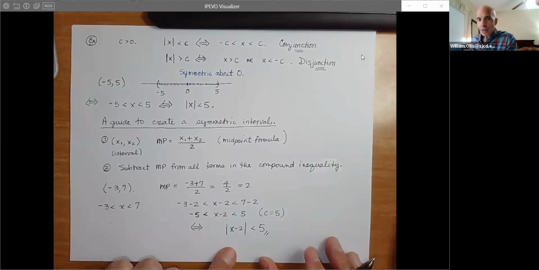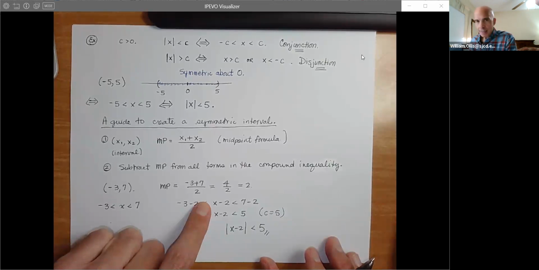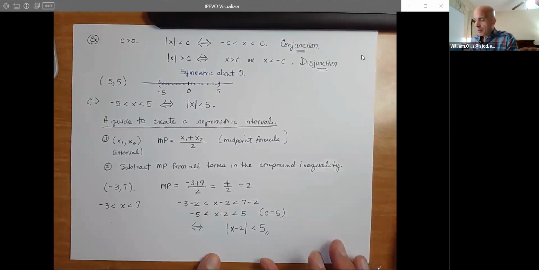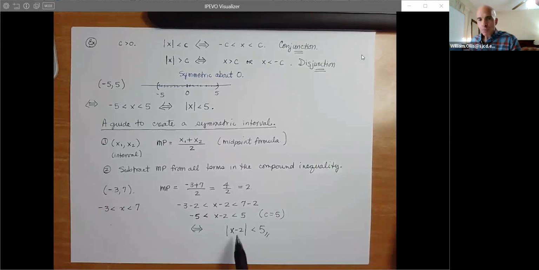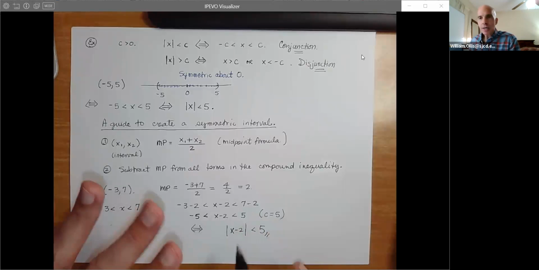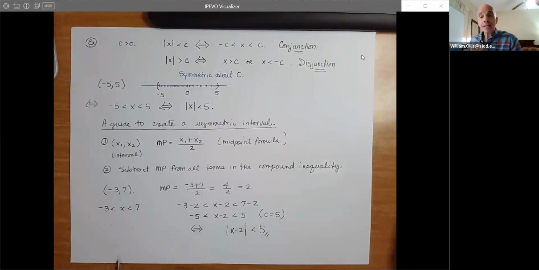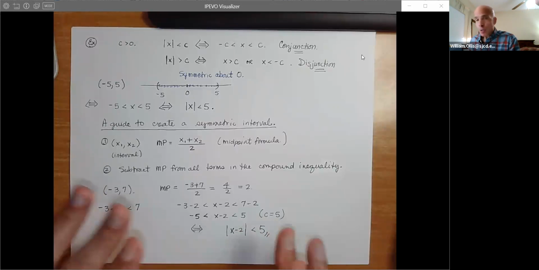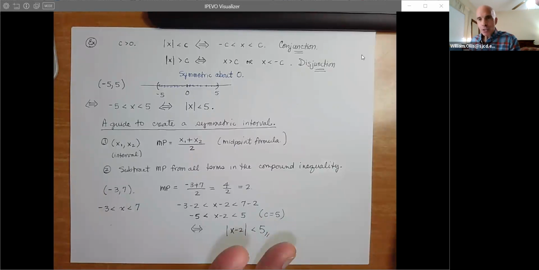The idea here is that often you'll start with this and then you'll break it up to get this. The beauty of this is that in terms of mathematical notation, it's very compact. It's very convenient, a nice way to write a symmetric interval.